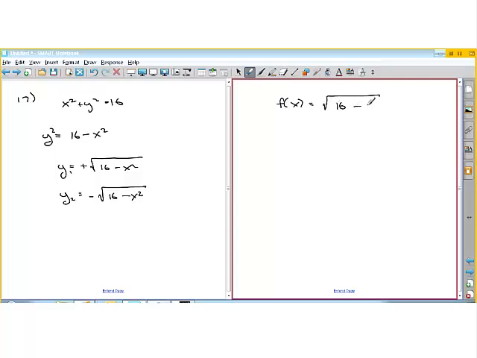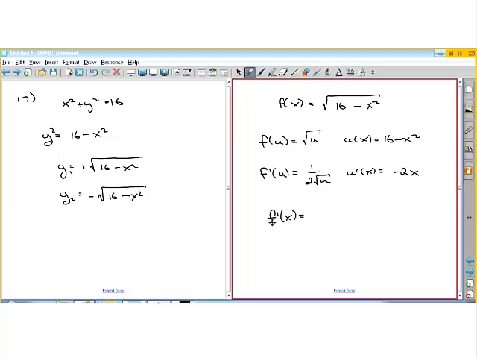The negative square root is pretty much the same, except you change the sign, so we'll do one and assume the other. f of u is the square root of u, and u of x is 16 minus x squared. f prime of u is 1 over 2 times the square root of u, and u prime of x is negative 2x.